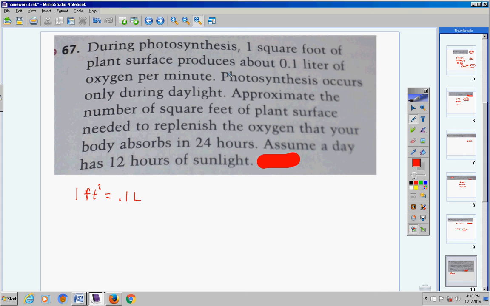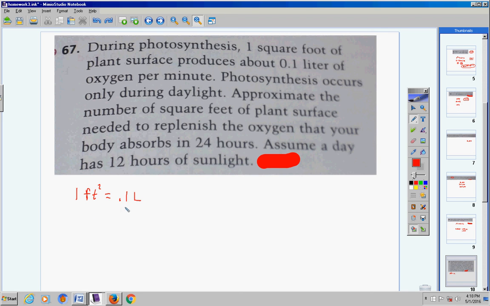Now, notice it says during photosynthesis, okay? So during photosynthesis, this is how much oxygen you get out of a square foot of plants. But you get 0.1 liters. Now, photosynthesis only occurs during sunlight, during daylight, okay? Got that? Now, down here it says, assume a normal day has 12 hours of sunlight. So, hold on a second.